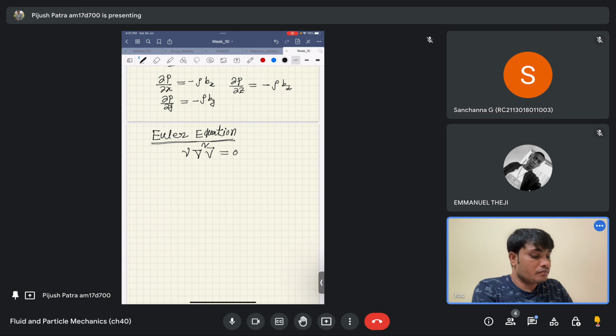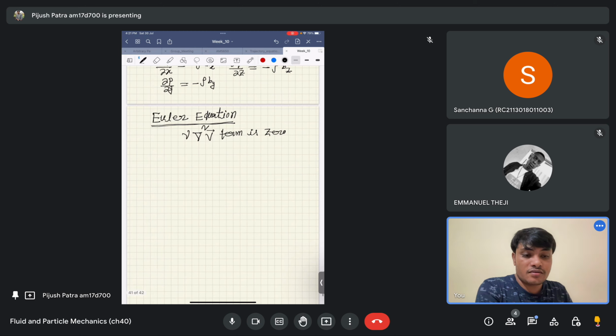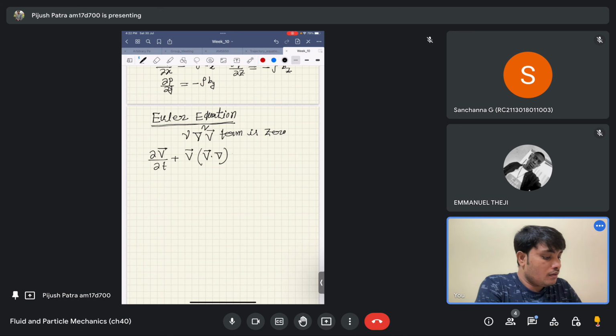This term is 0. So what will be the Euler's equation? It will be simply dou v dou t plus v into del v equal to minus 1 by rho grad p plus the body force term.